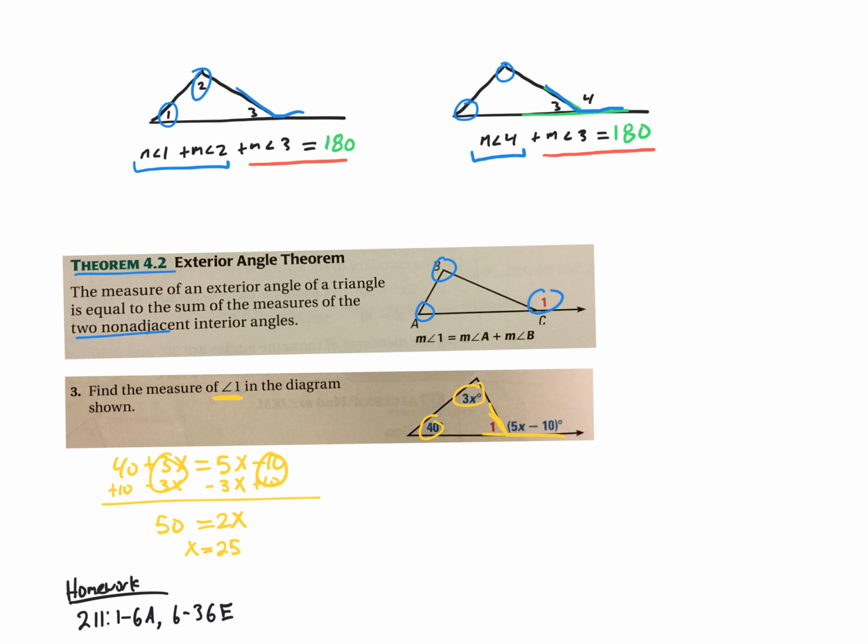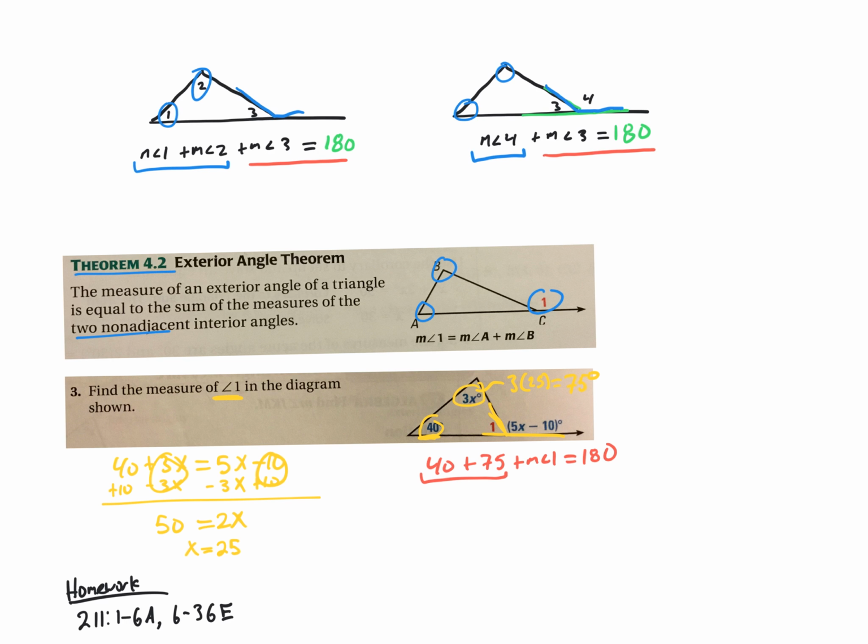And so then this angle here we know is 40. This one is going to be 3 times 25, which is equal to 75 degrees. Then we can go back to our triangle sum theorem. I know 40 plus 75 plus the measure of angle 1 is equal to 180.